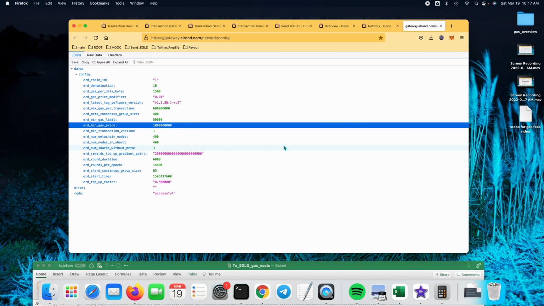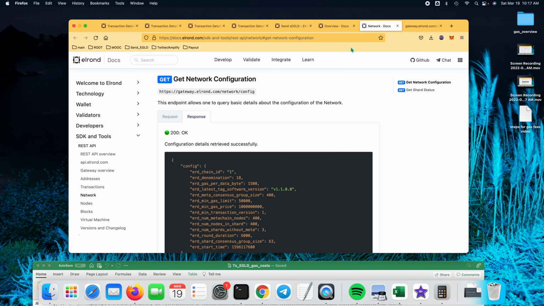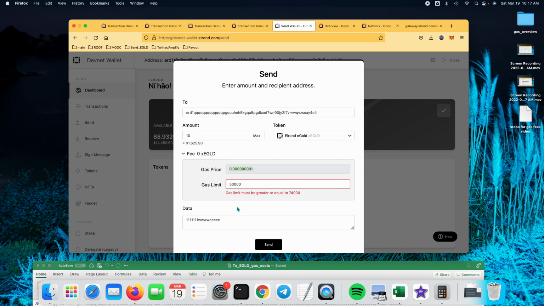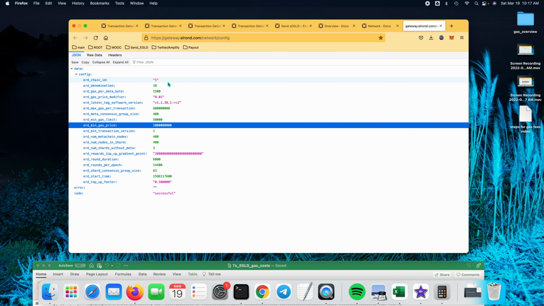Over here, everything is just for being human readable. Smart contracts and everything running on the network don't deal with decimal numbers. They don't deal with floating point numbers. They only deal with integers. And so that's why everything over here is in whole integer numbers. Even this gas price modifier is in quotes because it's being handled differently.